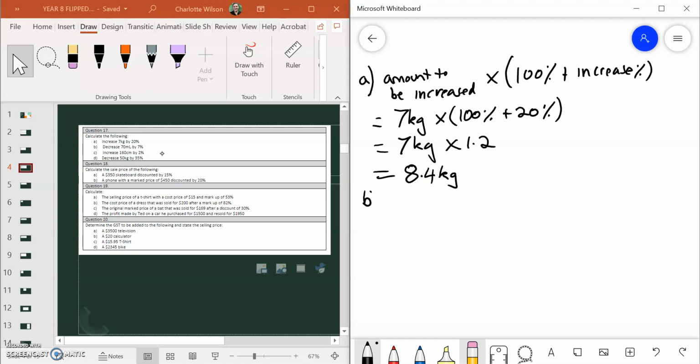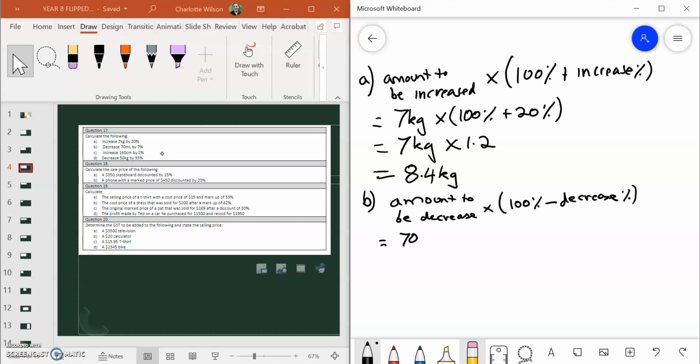For B, we want a decrease. So our formula for a decrease is our amount to be decreased times 100% minus the decrease percentage. Our amount to be decreased in this case is 70 mil. And we're decreasing by 7%.